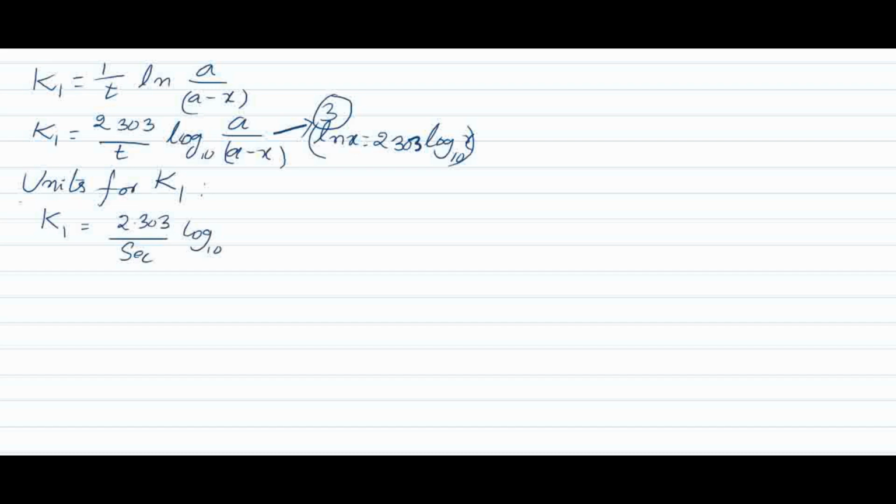A is a concentration and a minus x is also a concentration, so the concentrations cancel. So the final units for K1: the seconds is in the denominator, so that is second inverse. So the units for the first order rate constant is only second inverse. There are no concentration units.